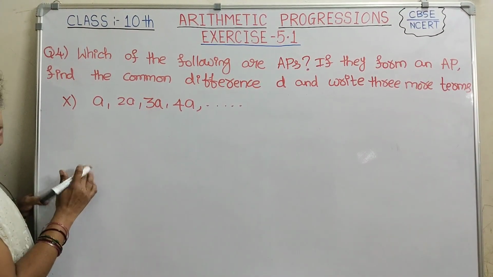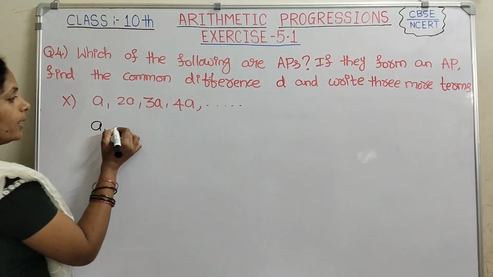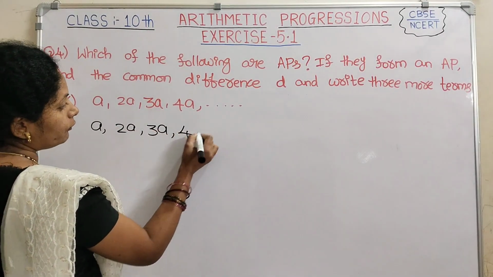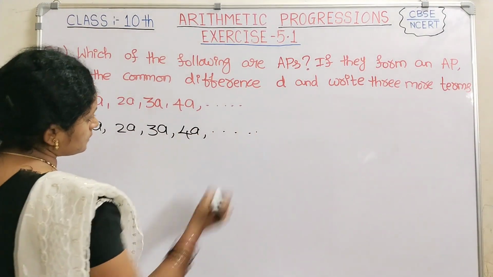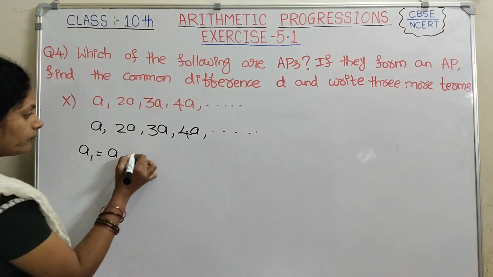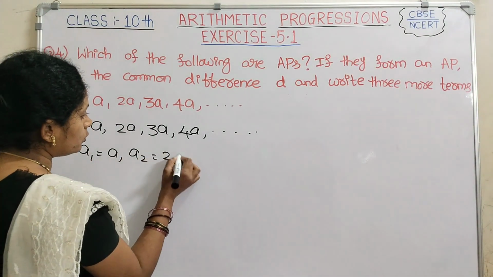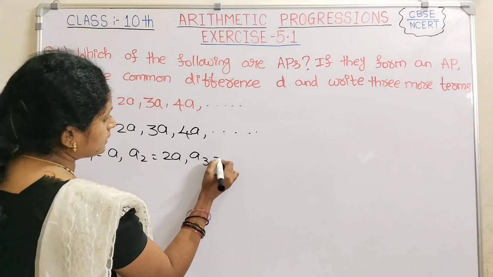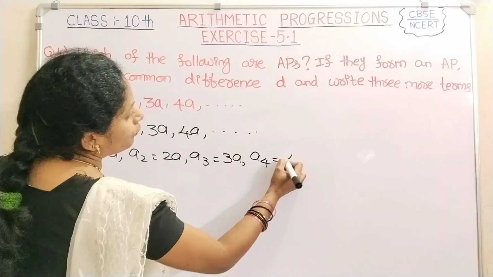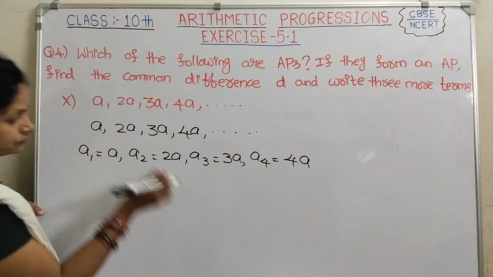Next, take the 10th question. A, 2A, 3A and 4A. This is given to us. Let us take A1 equals A, A2 equals 2A, A3 is 3A and A4 is 4A.